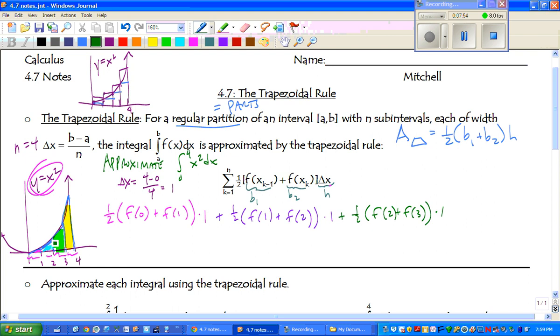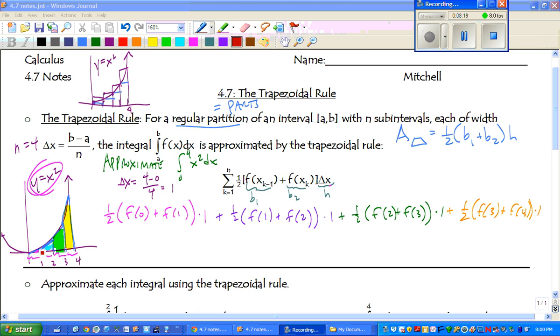We need to plug in 2 to find out what this value is right here, and plug in 3 to find this value. That's base 1, base 2 from that shape. And then our last one here, we have 1/2 times f of 3 plus f of 4, all times 1.